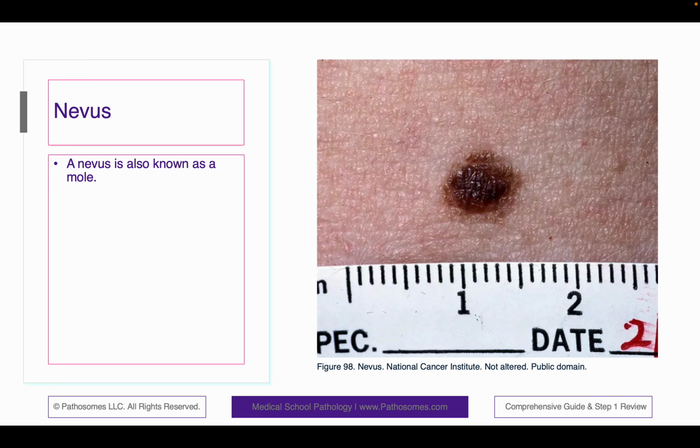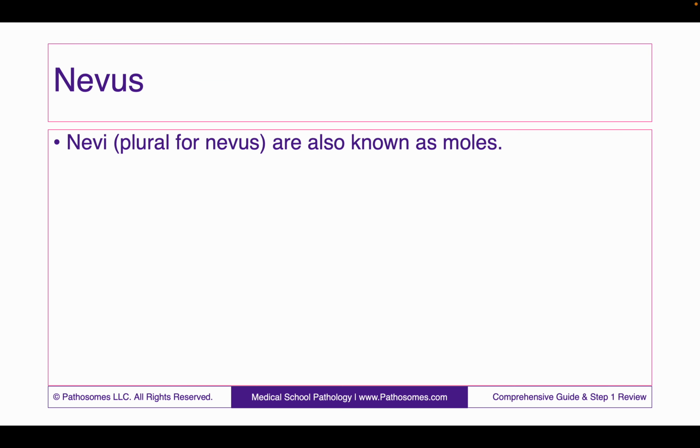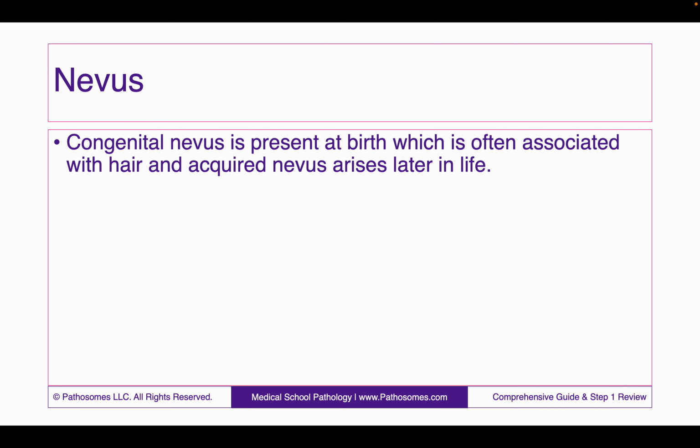Now, nevus. A nevus is also known as a mole. Nevi is plural for nevus and are also known as moles. Nevi are benign neoplasms of melanocytes. Congenital nevus is present at birth, which is often associated with hair, and acquired nevus arises later in life.